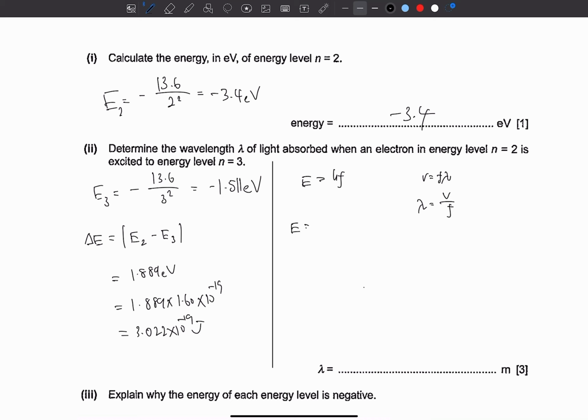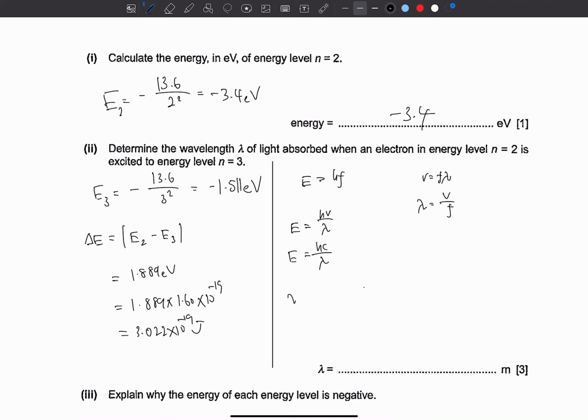So E equals hv over lambda, which is equal to hc over lambda. The reason why we can change v to c is because we're talking about electromagnetic waves, and electromagnetic waves all travel at the speed of light.